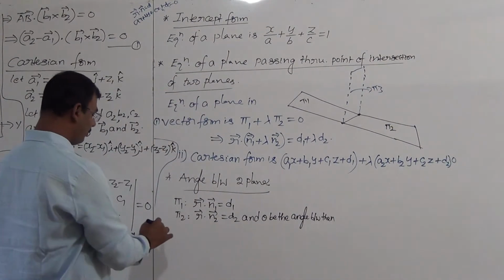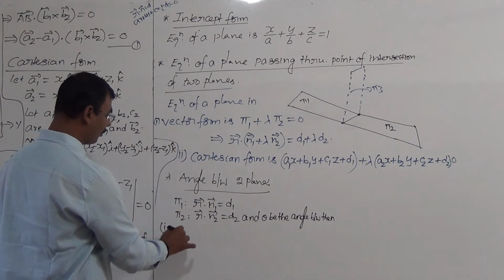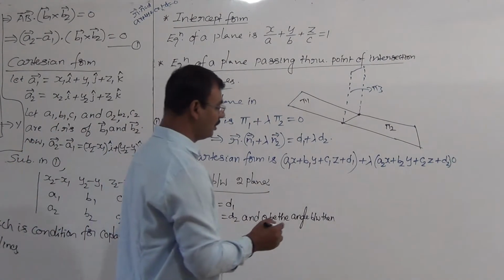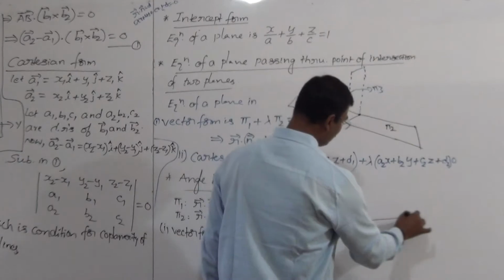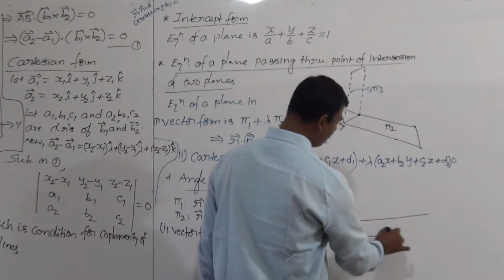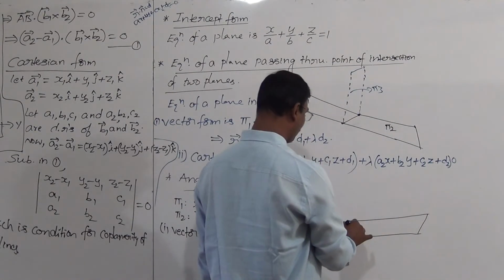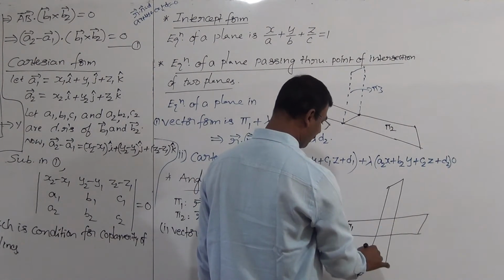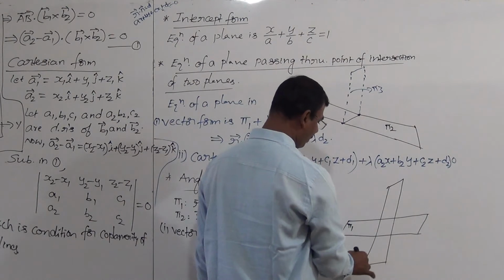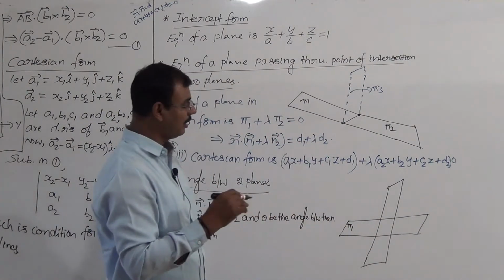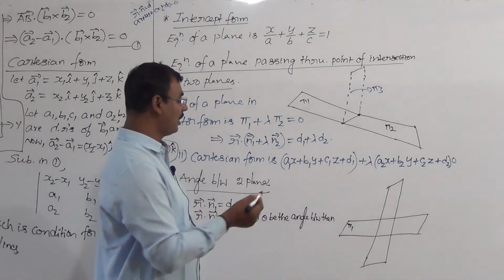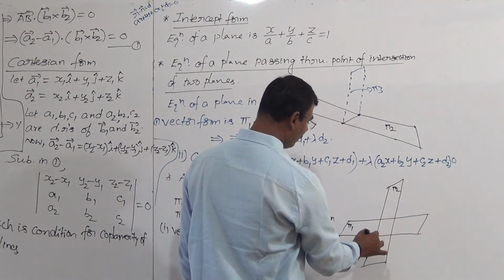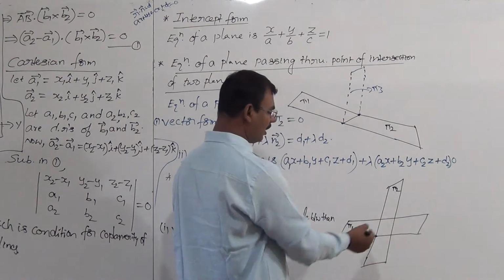Then vector form, first one I am taking. I take this as the first plane, pi 1, and another plane, this is the second plane, pi 2. The angle is formed only by intersecting planes. These are intersecting at a point anywhere here.